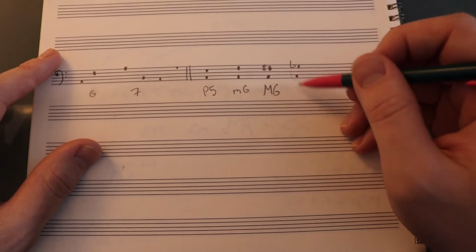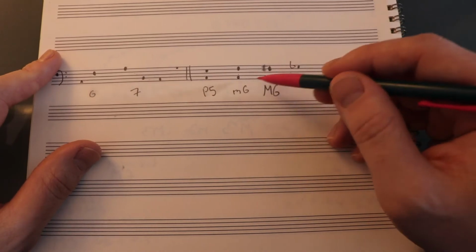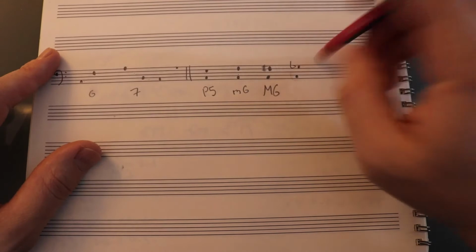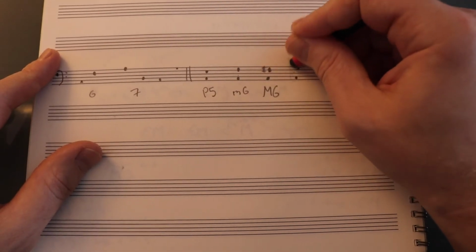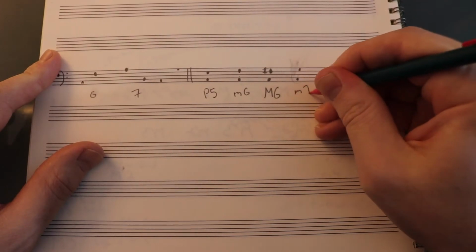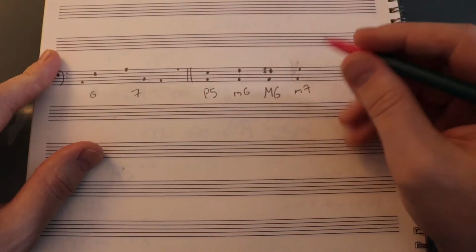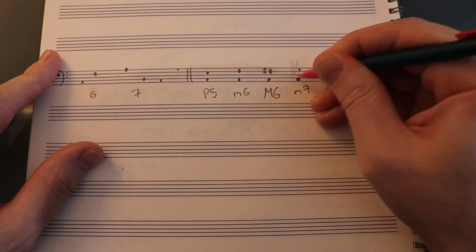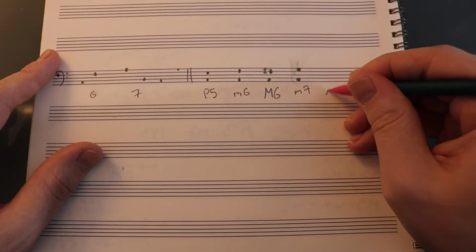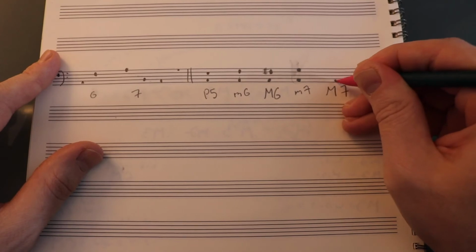Most of the time when we see something like this, it's going to be a mistake. We're going from the major sixth, because the next interval we want is a minor seventh, which is also a half step larger than this. That would be going from A to G, G natural. A half step bigger than that is a major seventh.